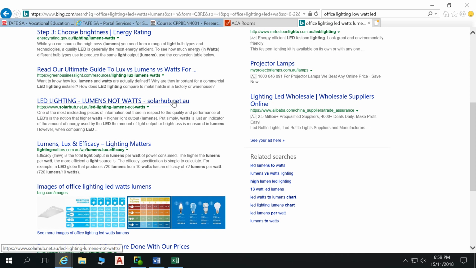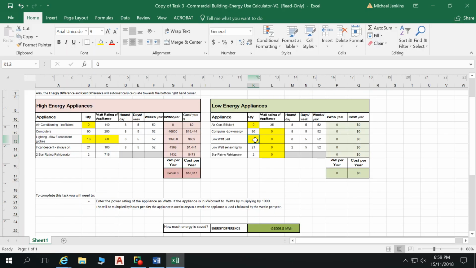So we've got 125,000 divided by 1890 equals, so that means we need 64 of those light fittings at 21 watts.